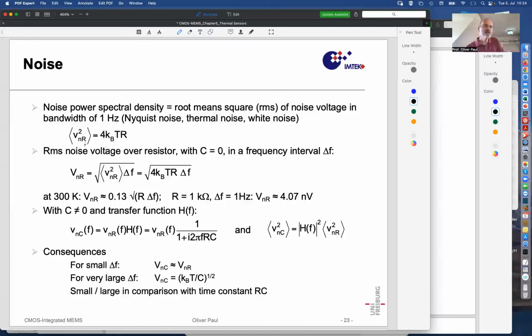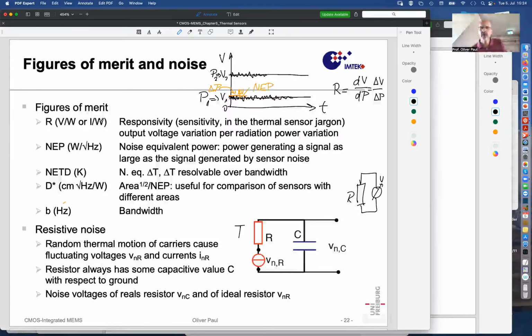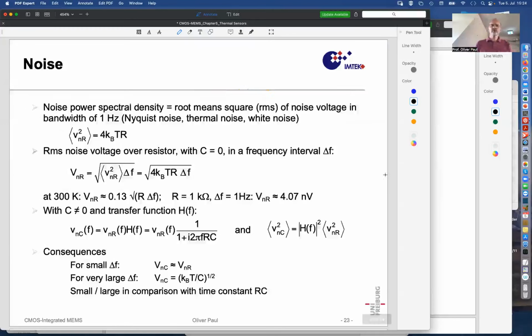So this VNR is the root mean square noise voltage for a bandwidth of 1 hertz. If you attach a filter with 1 hertz bandwidth, this is the average square of the measured voltage that you will get out.